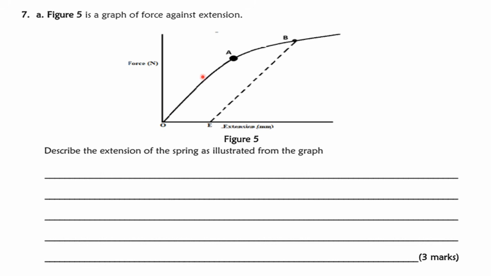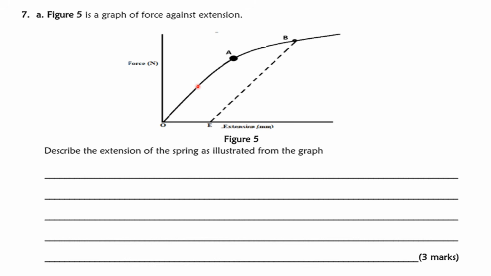In other words, the spring obeys what is called Hooke's law. But when more force is exerted on it, it stretches in a manner that does not obey Hooke's law anymore. Remember Hooke's law? Hooke's law says extension is directly proportional to the force on the spring.